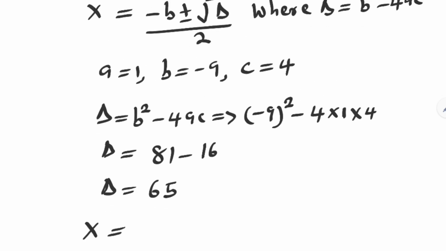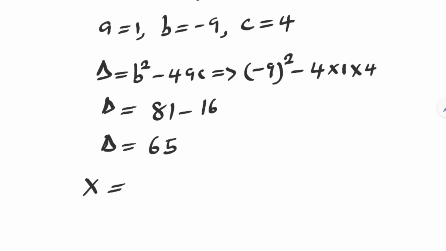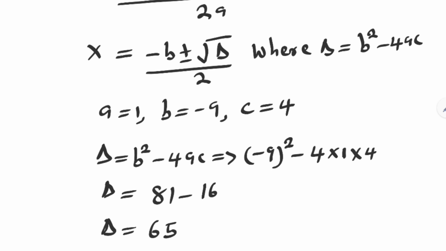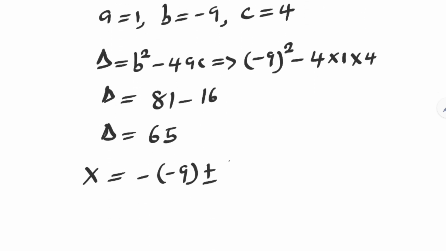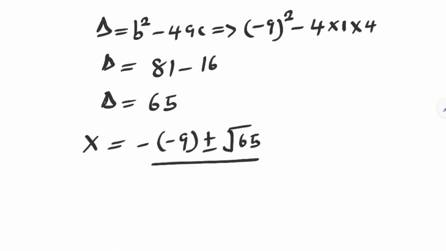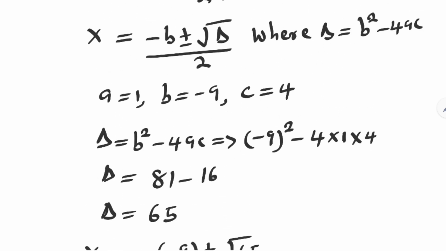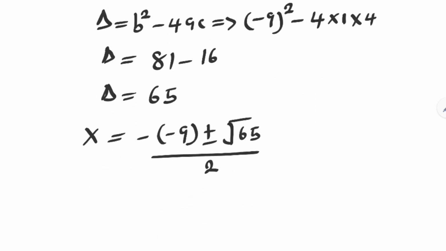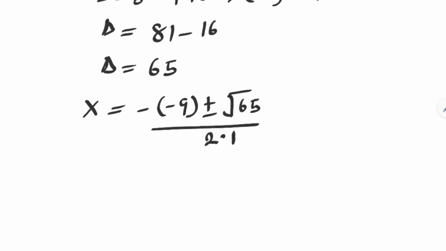s is equal to minus b, that is minus bracket minus 9, plus or minus the square root of discriminant, square root of 65, over 2a, that is 2 multiplied by 1.